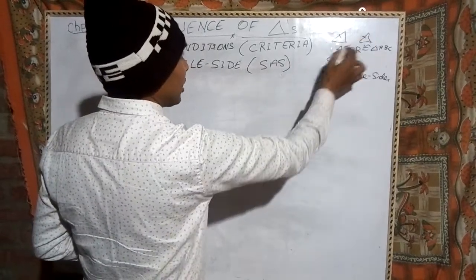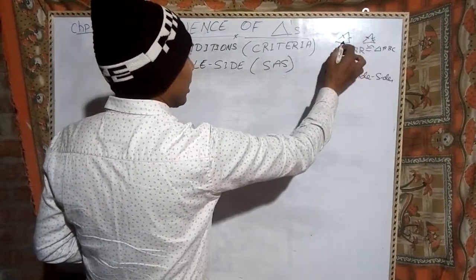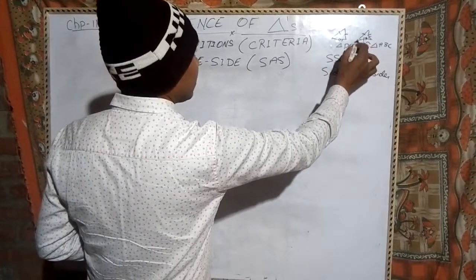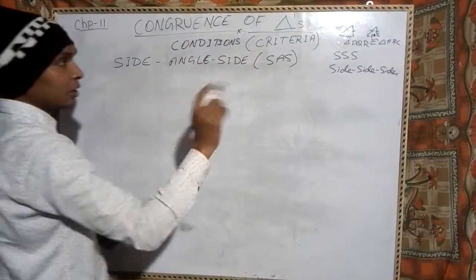This side equal to this side, and this side equal to this side. Okay. This is the SSS condition.